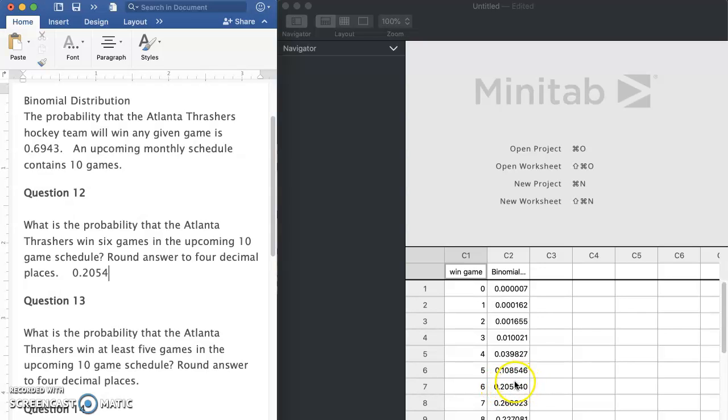I left the 4 behind it. Since it's a 4 behind it, it doesn't round up, so it stays 0.2054. So that is the probability that they'll win 6 games.